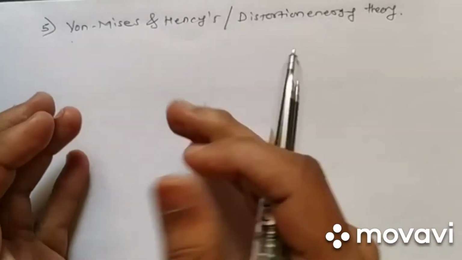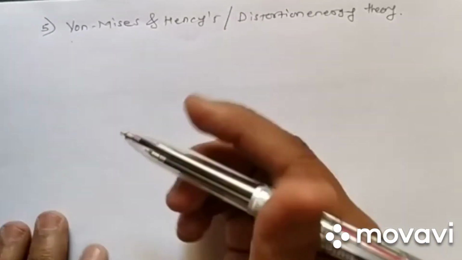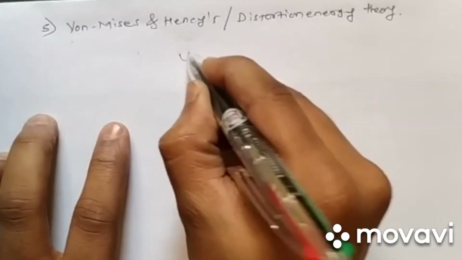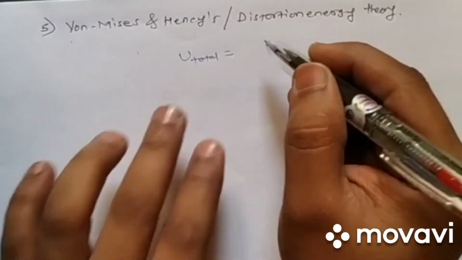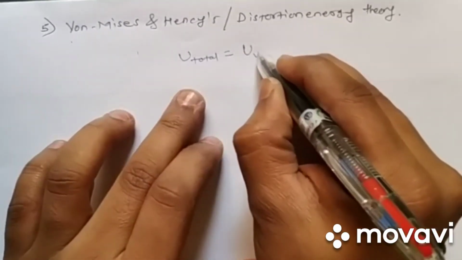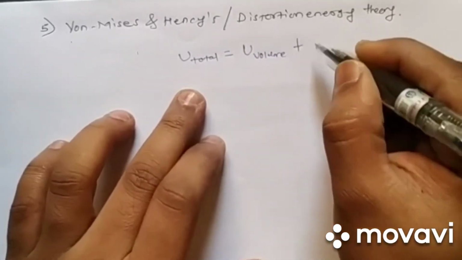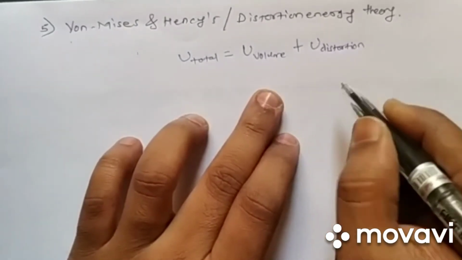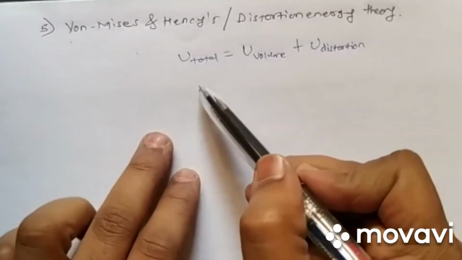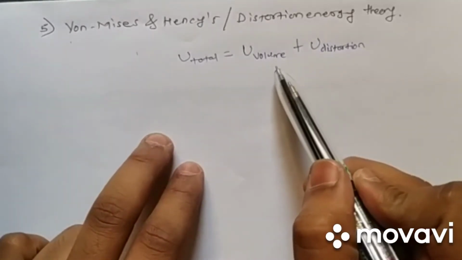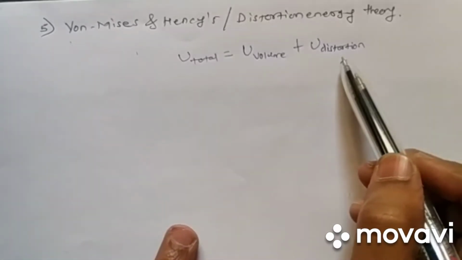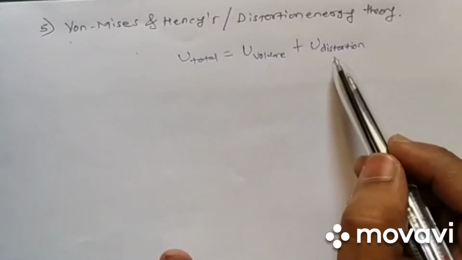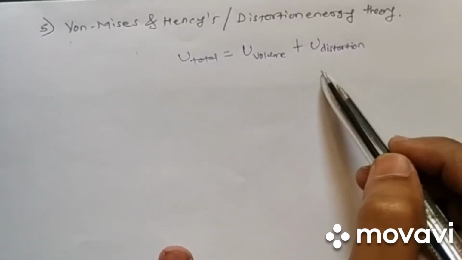This total strain energy of the body can be divided into two parts: the strain energy because of the change in volume of the body plus the strain energy because of the distortion, that is the shape change of the body.